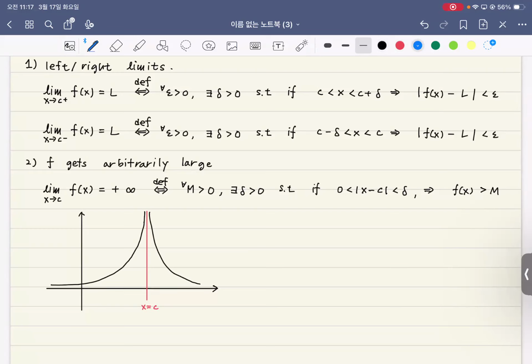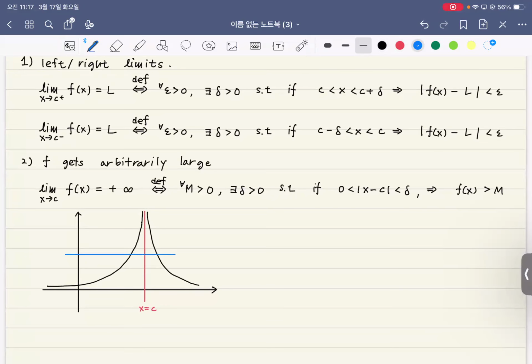In this picture, suppose that this is my m. Then how close must my x be to c so that the function value is greater than this? The answer is very simple. If my x is close to c by this much, then I'm sure that my function value is greater than this one. So for this m, my delta would be, which one is shorter?